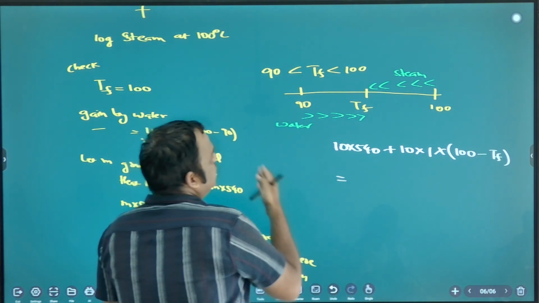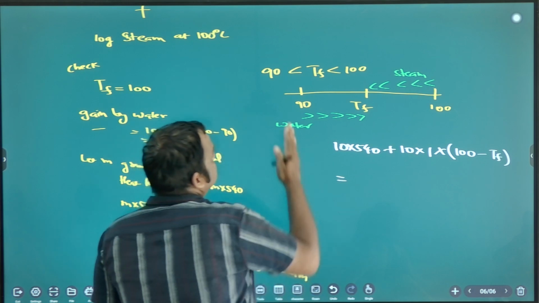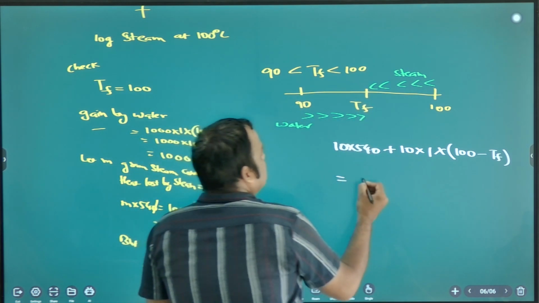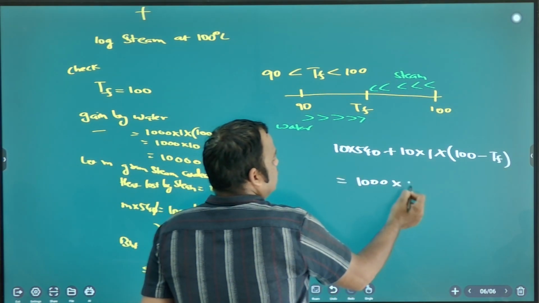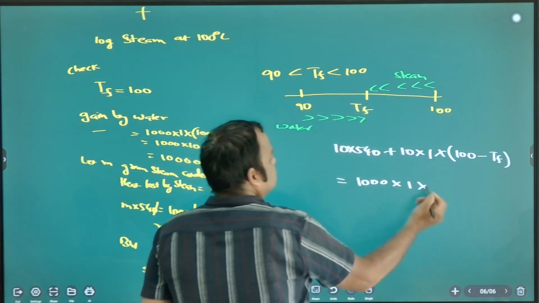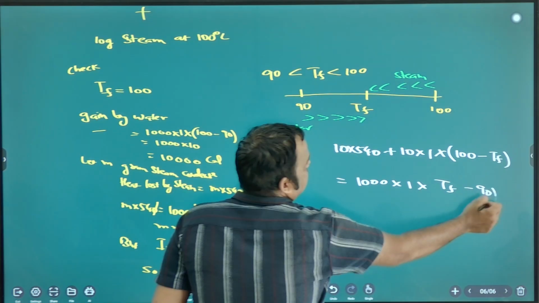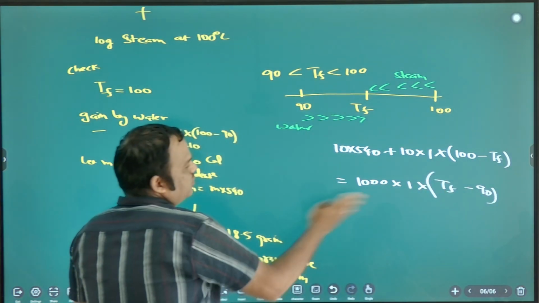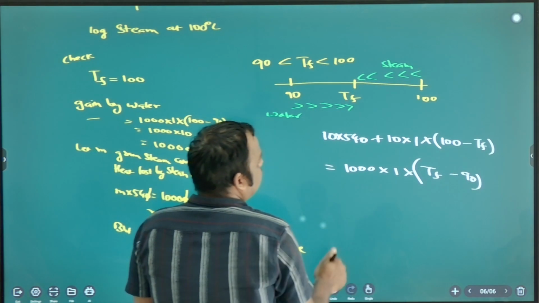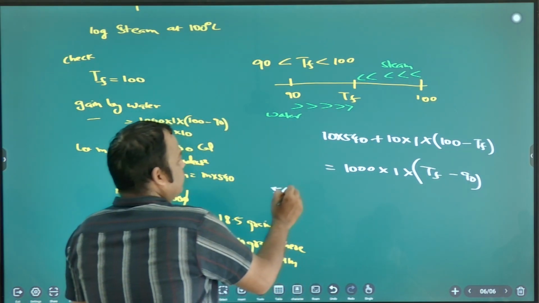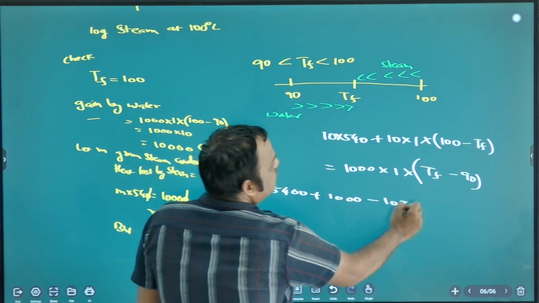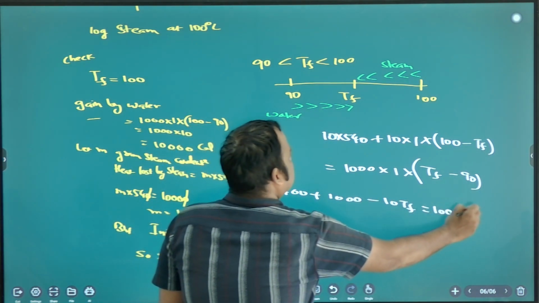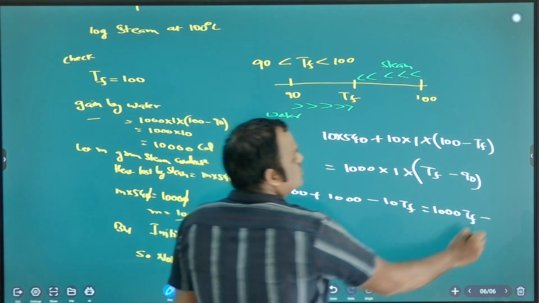So what is the heat gained by water? ms delta t, so 1000 into 1 into delta t, TF minus 90. Okay, clear? Now solve this. 5400 plus 1000 minus 10 TF is equal to 1000 TF minus 90,000.